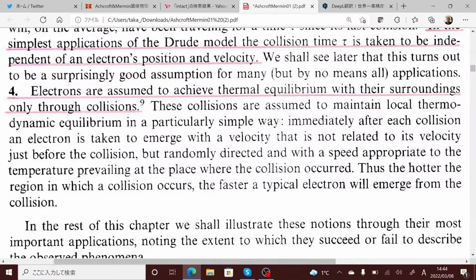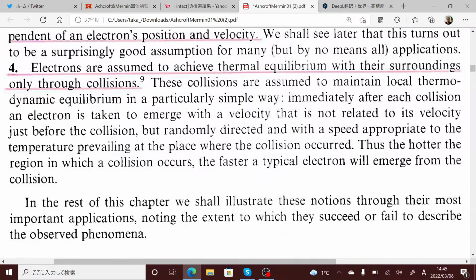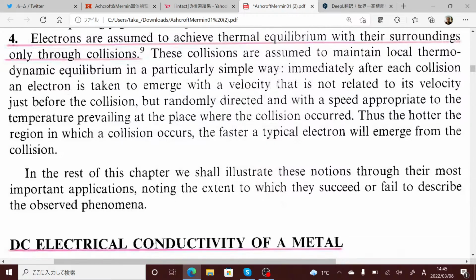Immediately after each collision, an electron is taken to emerge with a velocity that is not related to its velocity just before the collision, but randomly directed and with a speed appropriate to the temperature prevailing at the place where the collision occurred. Thus, the hotter the region in which a collision occurs, the faster a typical electron will emerge from the collision.